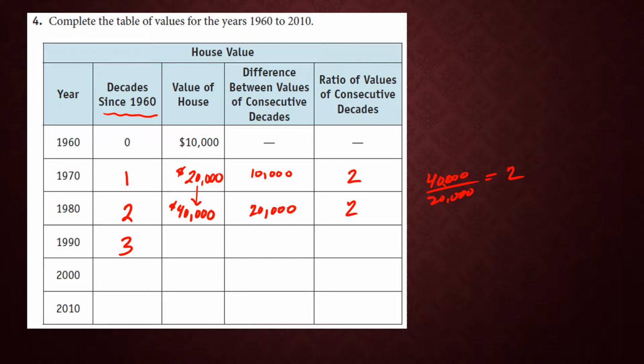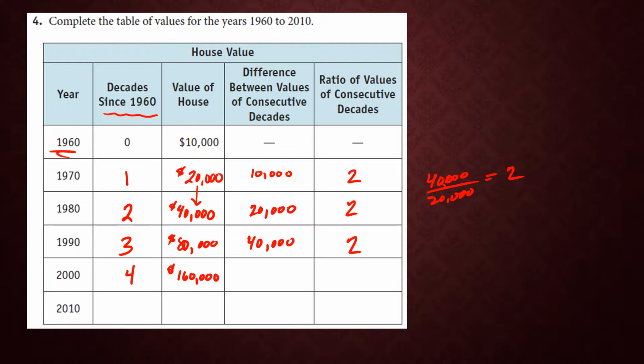In the 1990s, 3 decades since 1960, it's going to be worth 80,000 if it doubles again. Consecutive decades would give you a $40,000 difference, but it would still be a common ratio of 2 if I did 80,000 divided by 40,000. Now, 4 decades later, it's going to be worth 160,000. This sounds more like it, doesn't it?